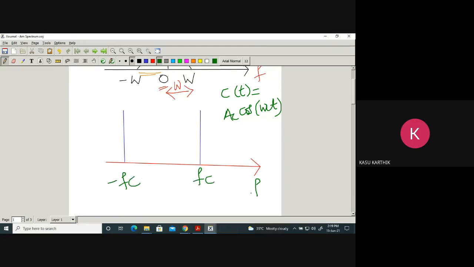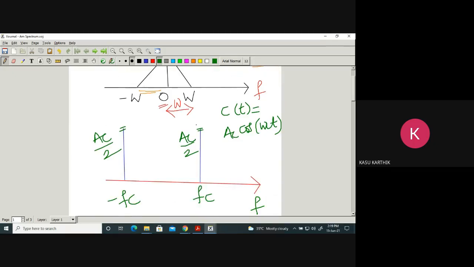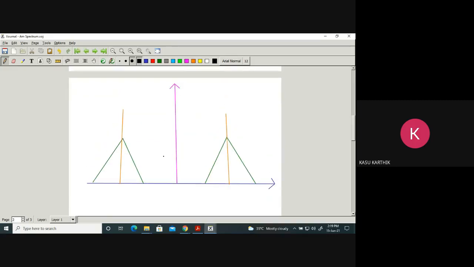This is the frequency. What is this amplitude? Ac by 2. It is also Ac by 2. So this is m of f. Correct? This is C of f. Now this is finally S of f.